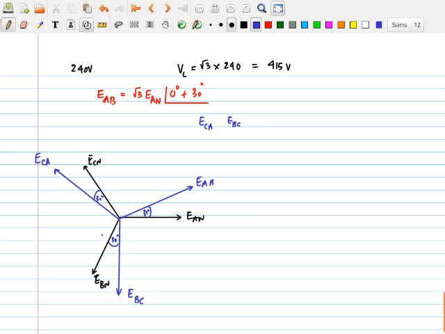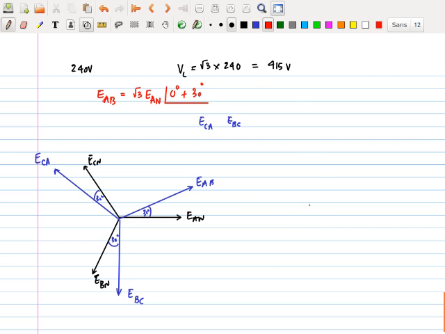Right? You go home and try this out and see. You do exactly the same thing I did for all the other two cases. You are going to get this triangle totally shifted by 30 degrees, and the amplitude is increased by root 3. So I can now write a very general statement.